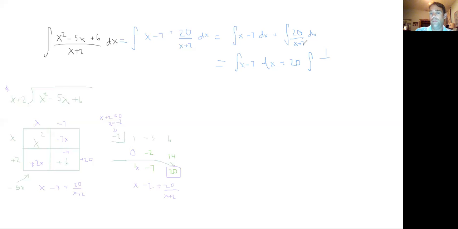There we go. And now, once we've done our polynomial long division, friends, it makes for a very straightforward integral. So 1/2 x squared minus 7x plus 20 times the natural log of x plus 2.